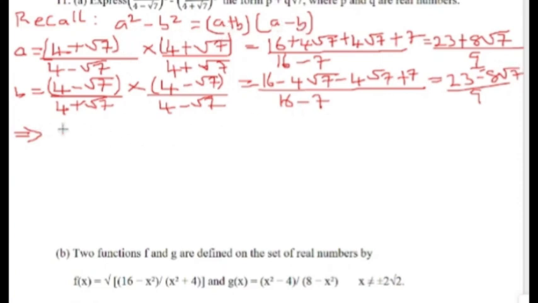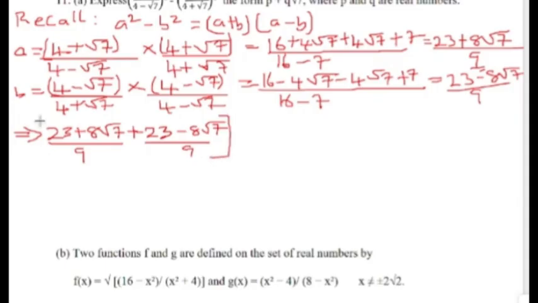So a is 23 plus 8 root 7 divided by 9. That is a, then plus b, of course, we have to add it. That will be plus 23 minus 8 root 7 over 9. So this is my a plus b.